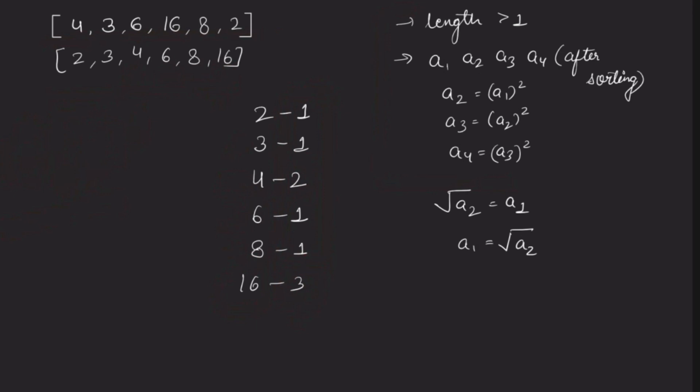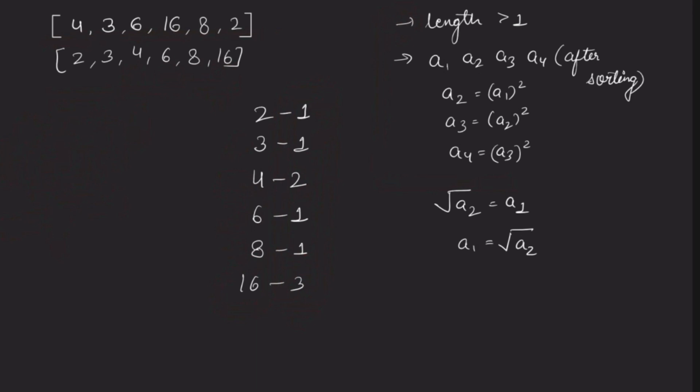Now, if the largest number out of these comes out to be 1, then it will violate this condition, because in our subsequence the length should be at least 2. And these numbers are denoting the length only. So if the maximum length is 1, then such a subsequence is not possible. So in that case, you can return -1.